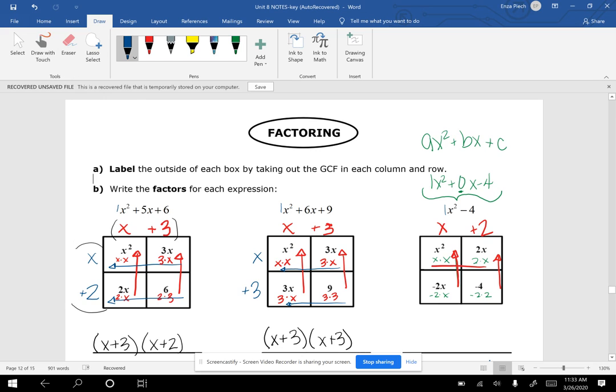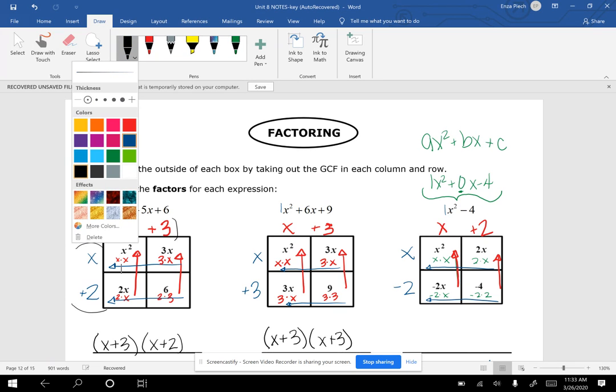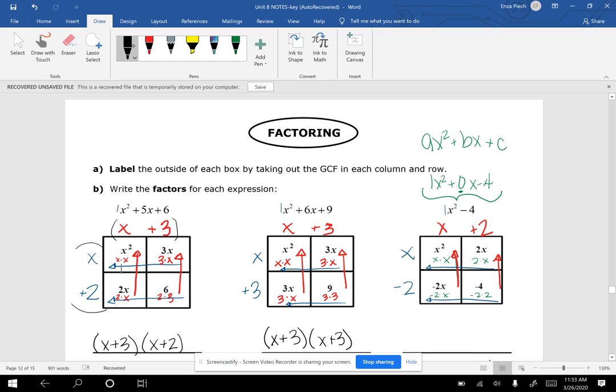For my rows, I can pull an x out again. And now in this bottom row, I can pull out a negative 2. So when we write our actual answer, we're going to have the quantity of x plus 2 times the quantity of x minus 2.